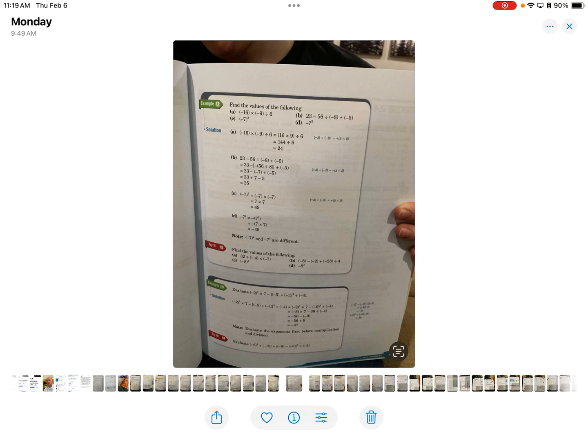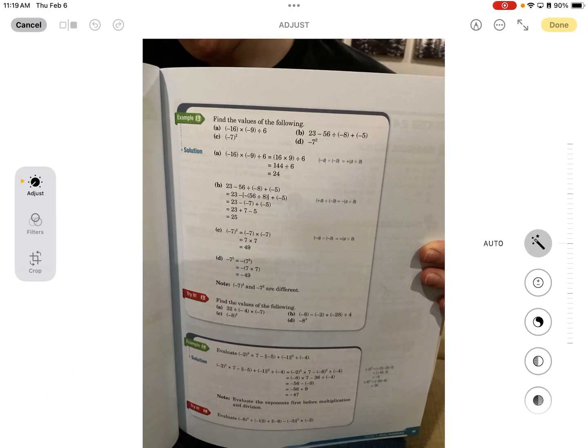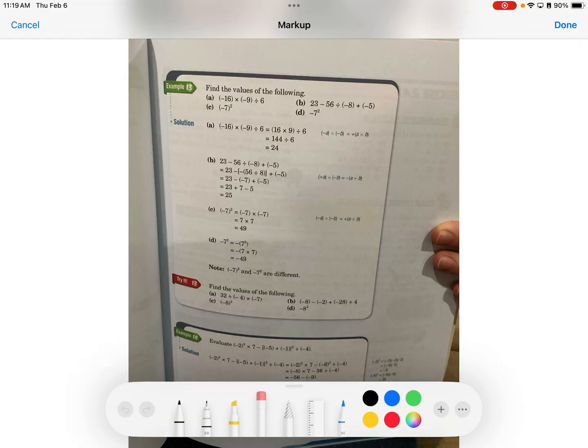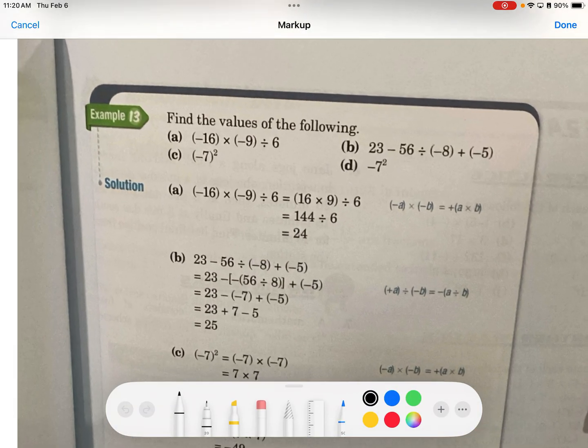But we've never combined exponents and negative numbers and a whole bunch of parentheses into this PEMDAS business, okay? So let's look at these problems. Let's put our PEMDAS mind on, and then get to it.